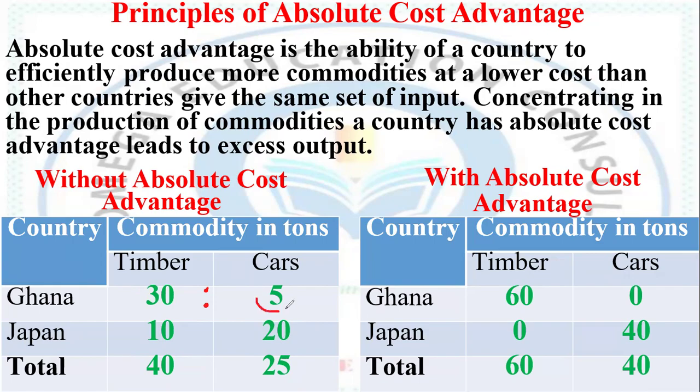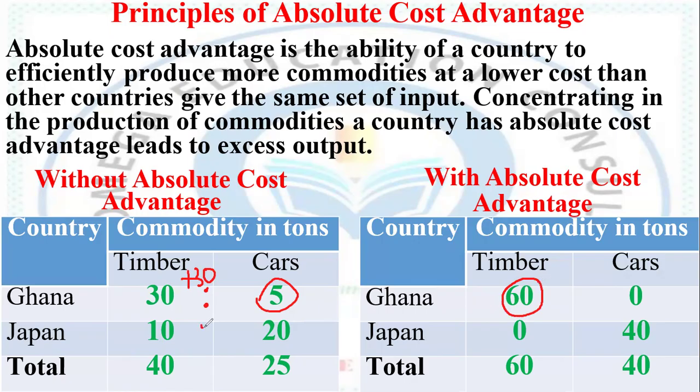So if you convert all these cars to timber, that will give Ghana 30 more of the timber. Right, so Ghana will now produce a total of 60 tons of timber.